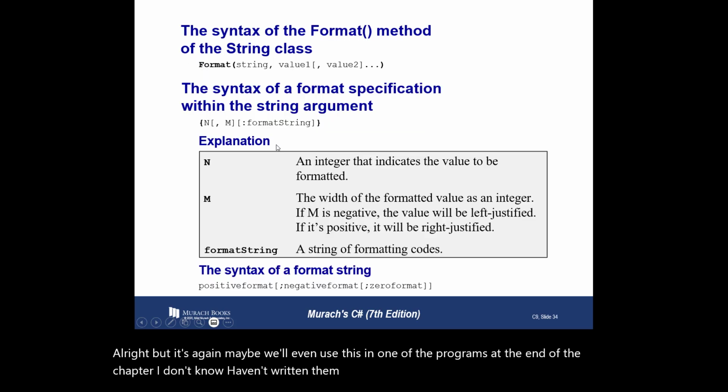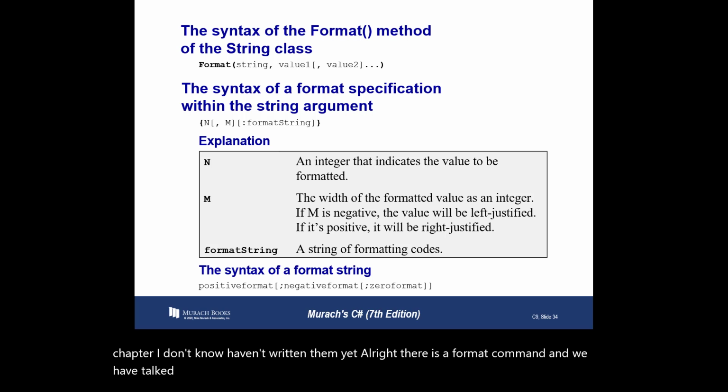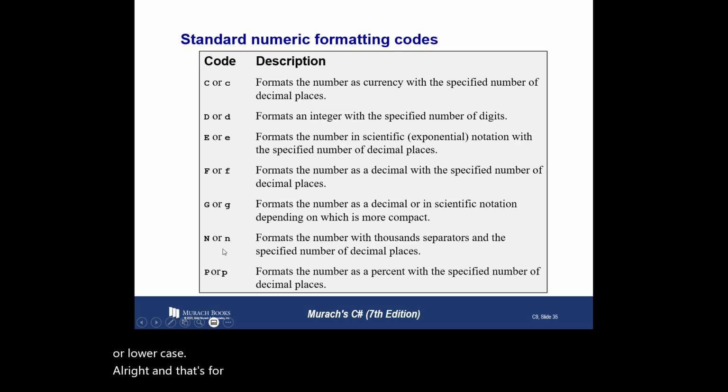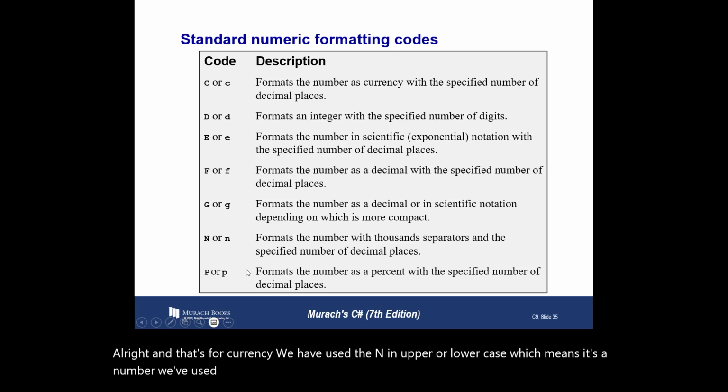All right. There is a format command, and we have talked about this a little bit before. For instance, we've used the C, which can be upper or lowercase, and that's for currency. We have used the N in upper or lowercase, which means it's a number. We've used the P for percentage, and you can see there are other ones as well. I'm not going to sit and read each one to you.